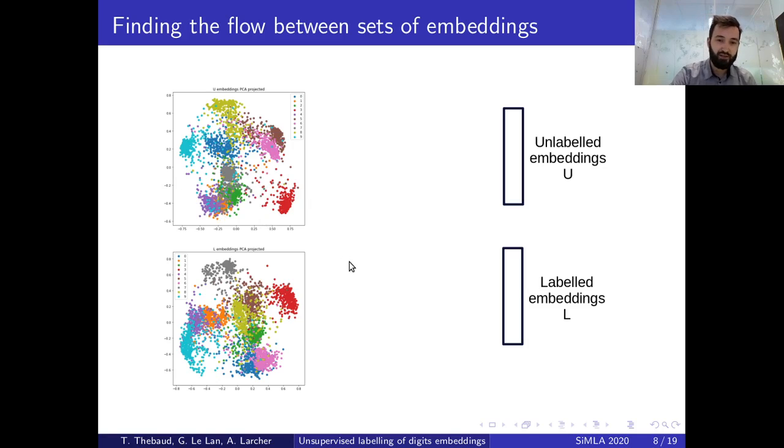In the lower part, it's exactly the same thing, but with the L embeddings. So we can already see there are similarities in the structures. Both sets of embeddings naturally form digit-value-related clusters, so the clustering shouldn't be a problem.